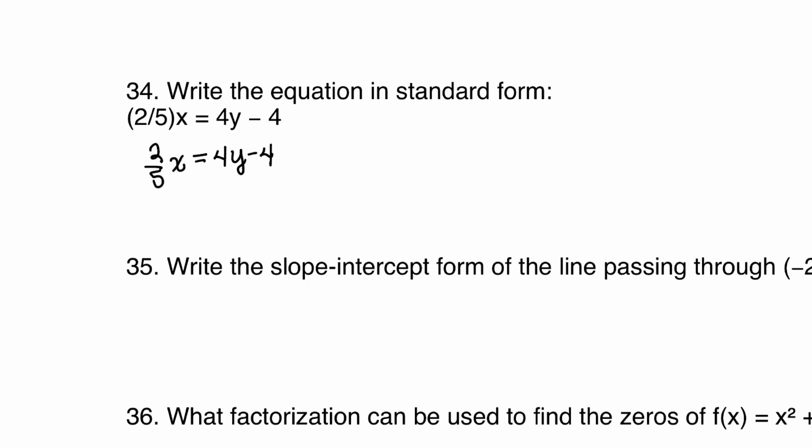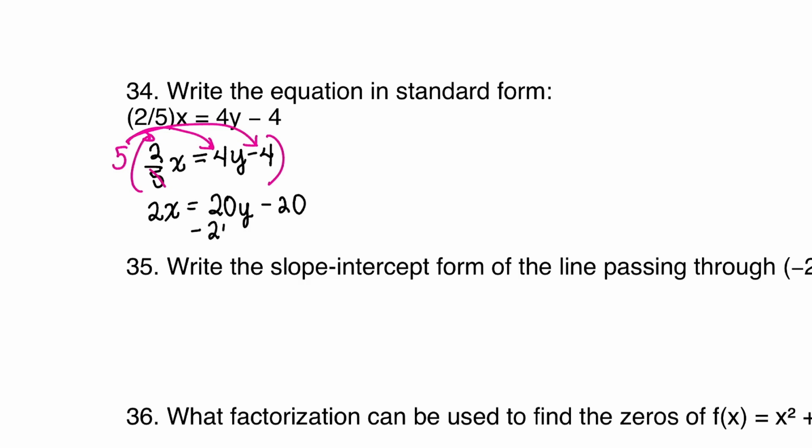Number 34, write the equation in standard form. The only part that is not in standard form right now is this fraction, and we need to move our y. Well, in order to get rid of the fraction, we can simply multiply the entire equation by 5. By doing that, we're going to get rid of this denominator and be one step closer to getting us into standard form.